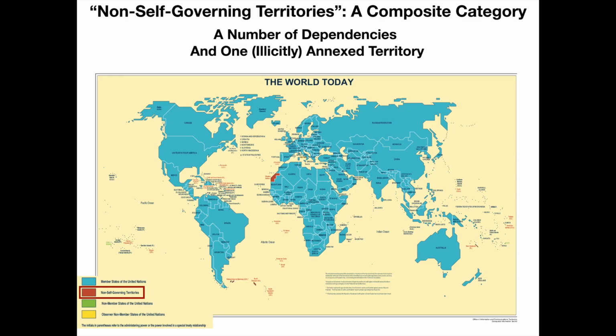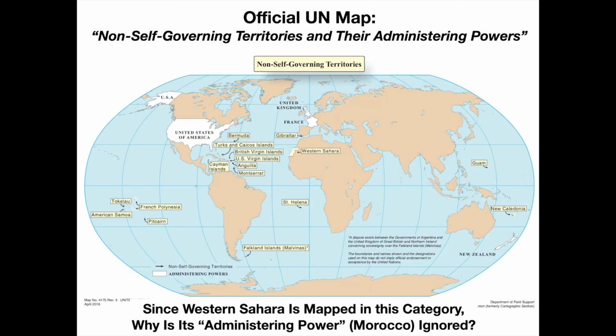Let's focus a little bit more on the non-self-governing territories. Mostly what we see here is Western Sahara, but if you look closely, you can see a lot of red labels and then maybe a few other red territories if your eyes are good enough. The United Nations has another map that explicitly simply shows these non-self-governing territories and their administrating powers.